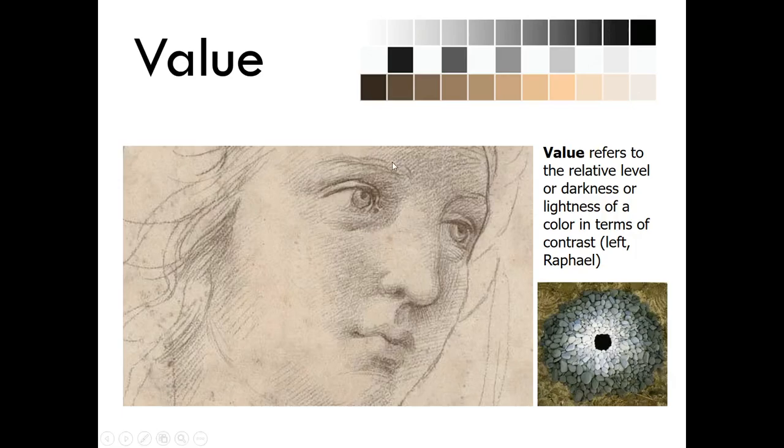Value. Think of it as shading. Value refers to the relative level of darkness or lightness of a color, and that includes black and white. A lot of times we think of it as just black, white, and all the shades of gray in between, but you can also have colors, and color can go all the way to black, all the way to white, and variations of that color in between.